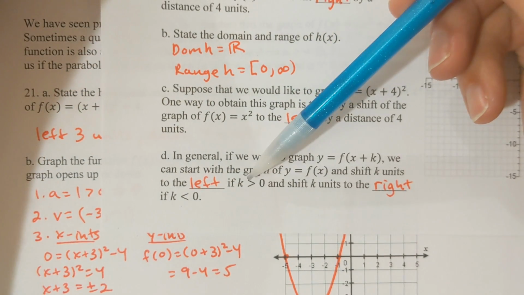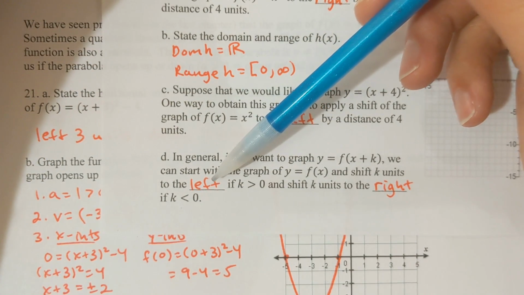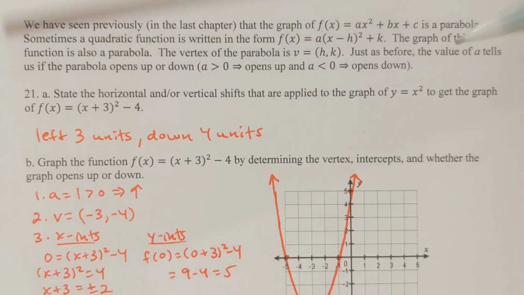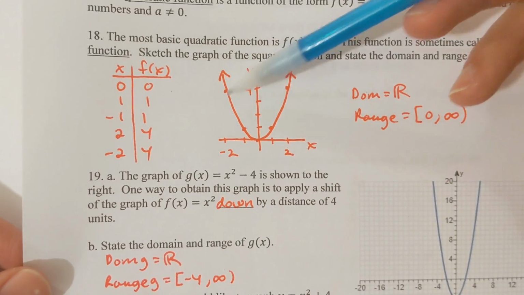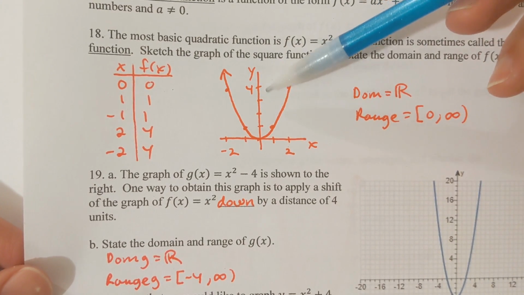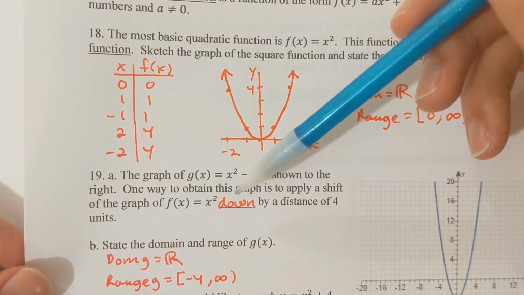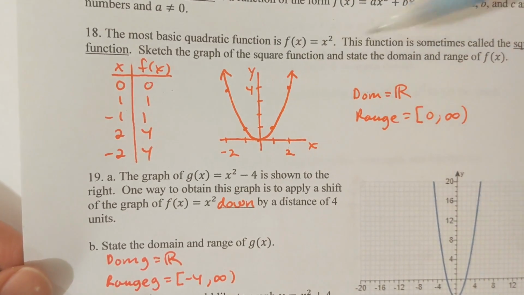K positive means that you're going to go to the left 3 units there. So if you can imagine starting off with this parabola here, and then going down 4 units and to the left 3 units, we're simply going to relocate this parabola is all.